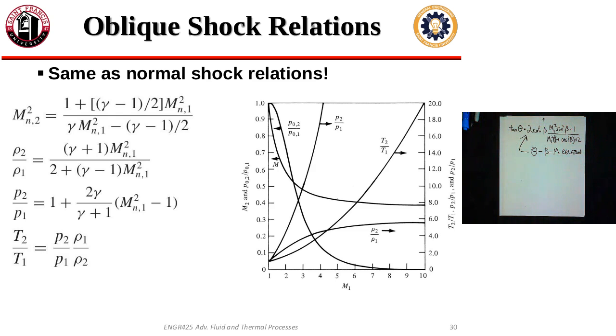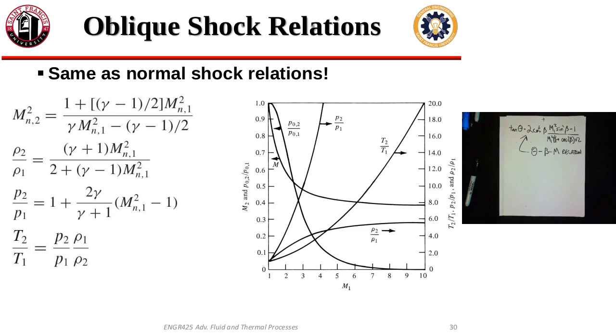Essentially, it's just saying, okay, you have a turning angle theta, you have a wave angle beta, and you have an upstream Mach number, and they're all related to one another. This we know because when we looked at the shock wave in front of the T-38 and in front of the Apollo capsule, or the Mercury capsule, we said, okay, how much the flow has to turn is related to the angle of the shock wave.